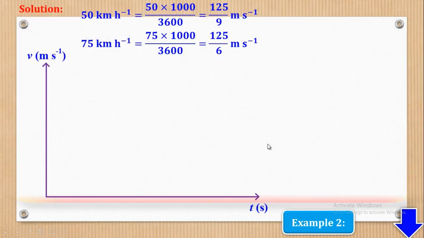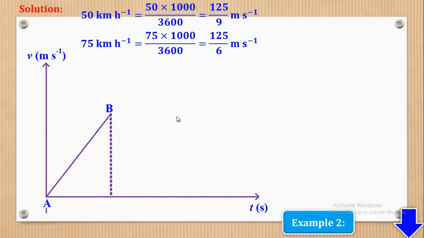So let's first draw the graph for acceleration for 2 minutes. So 2 minutes will be 120 seconds, so that's why you see here 120 seconds. And the velocity of 50 kilometers per hour is 125 over 9. That is why you see here 125 over 9. So this is the graph for uniform acceleration.